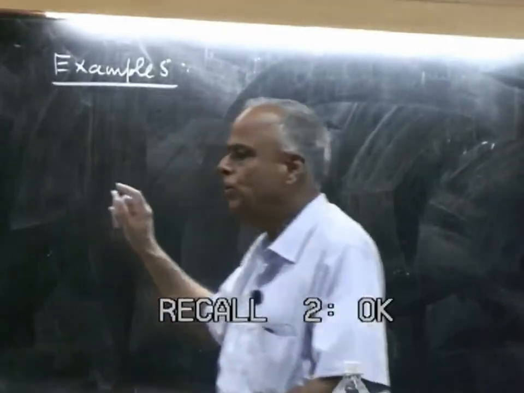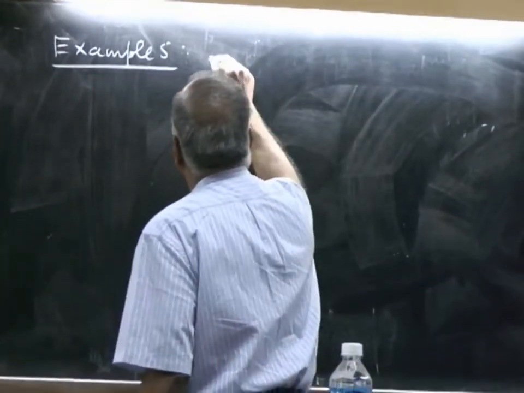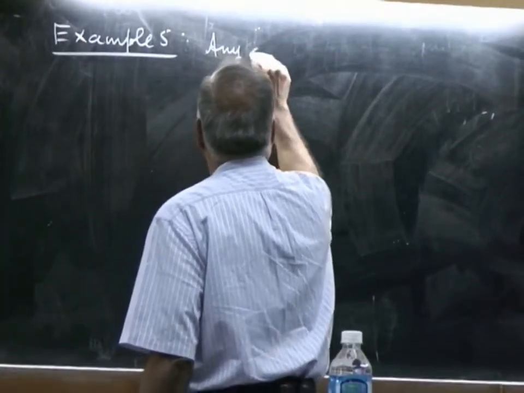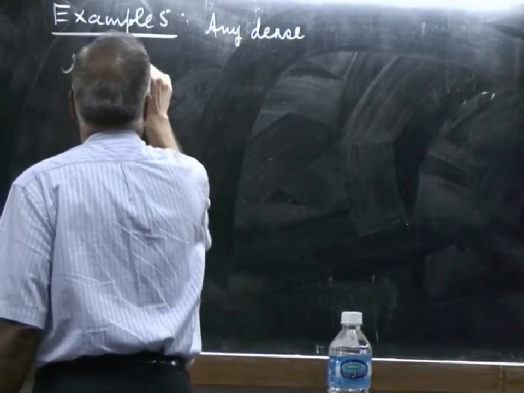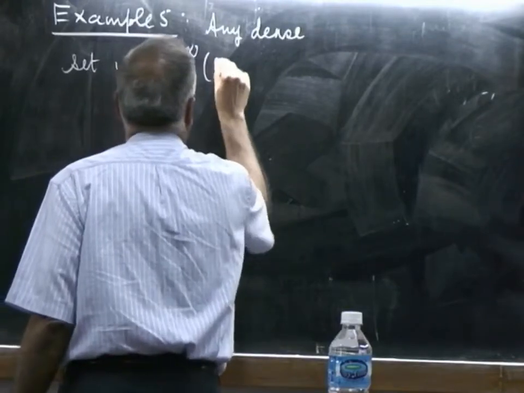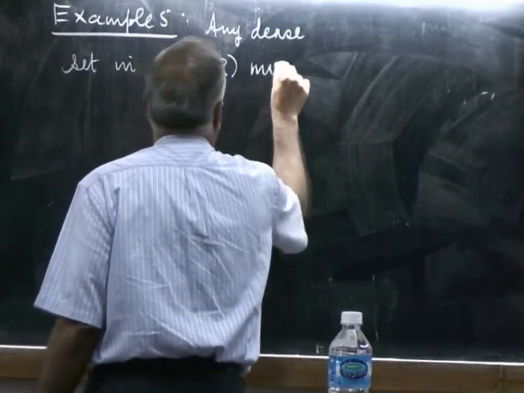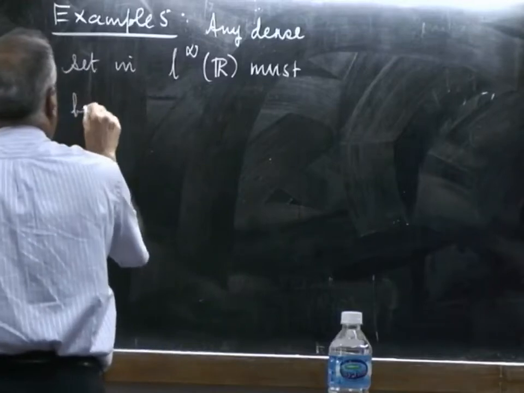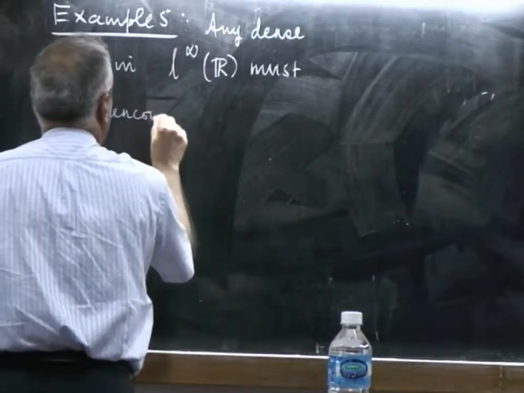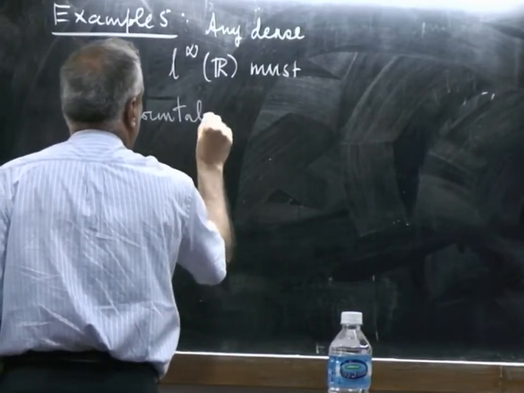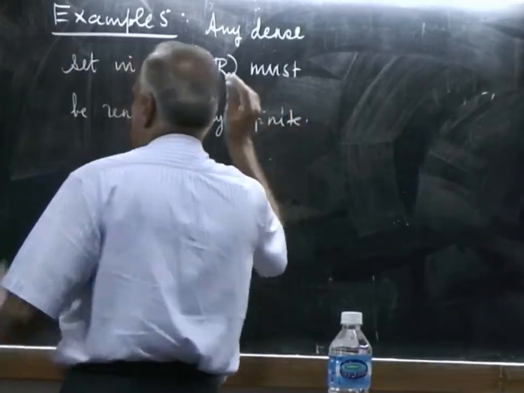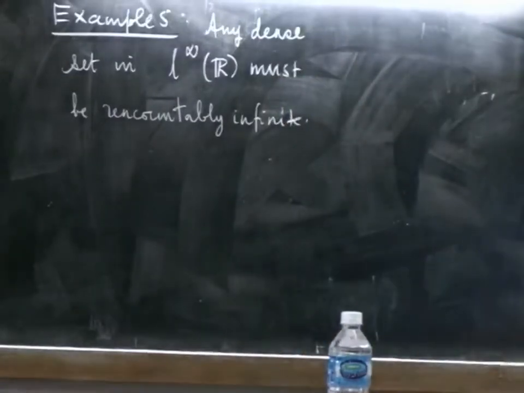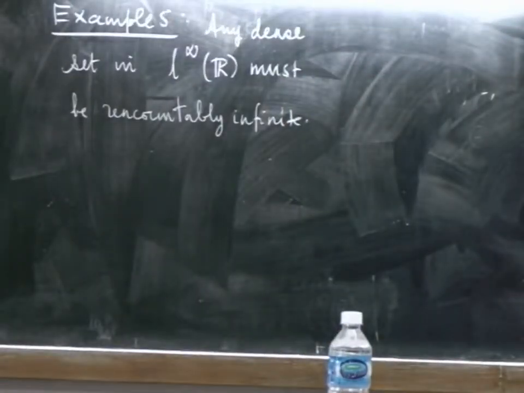I will show only this. Any dense set in l infinity of R must be uncountably infinite. Therefore, it's useless. It's too big. Sampling is terrible there.